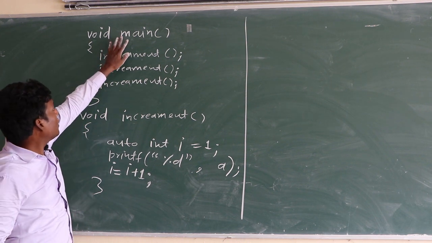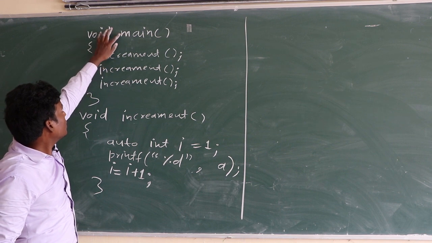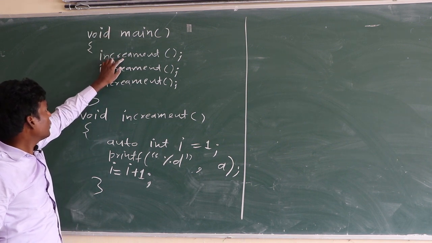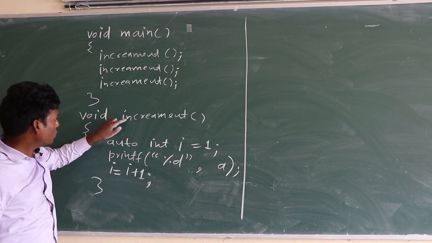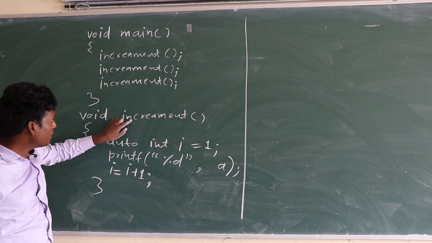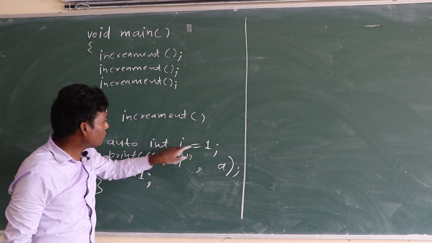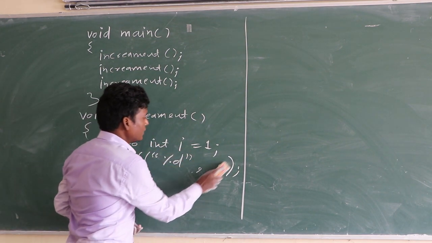So class, when program execution starts with main, control starts here, goes to here. When control goes to here, this increment function will be executed. So control is here: auto int i equal to 1. i is 1 and you printed i here.